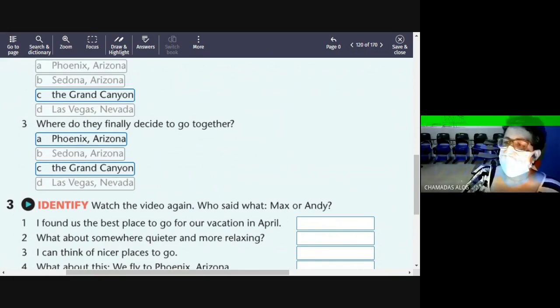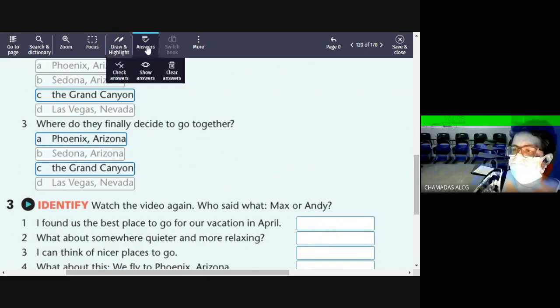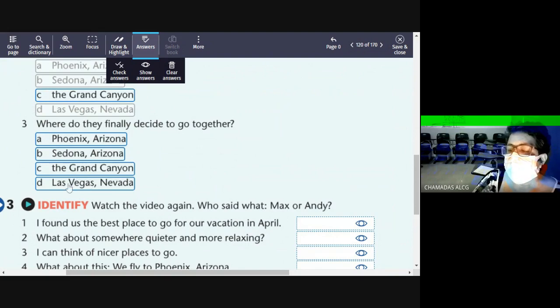Okay, people, so number 3, A and C, all right? So here they say it's wrong, but this is what it is, right? They put all the four places, but this is totally wrong. Look, they don't agree on Las Vegas. They don't agree on that.